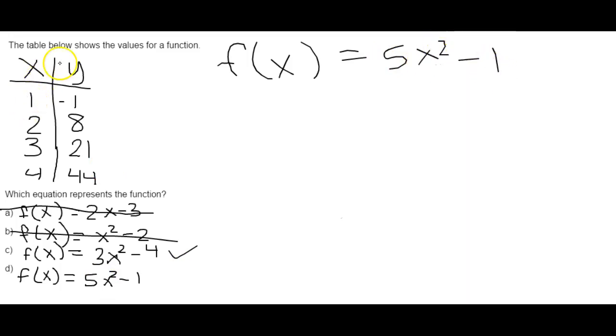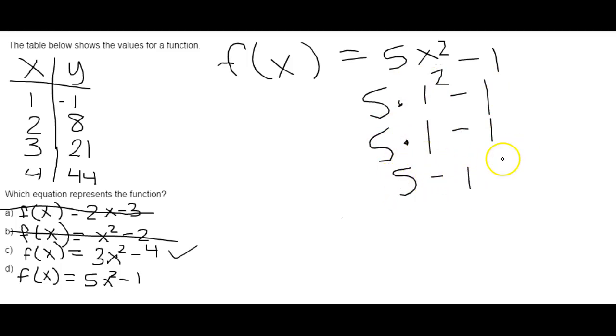We're going to replace with 1 first. 5 times 1 squared. 1 squared is 1. 5 times 1 is 5. And 5 minus 1 is 4. Should have come out a negative 1. That one did not work, so it's definitely not D. So now we've confirmed that for sure the answer is C. So this concludes our discussion on patterns.